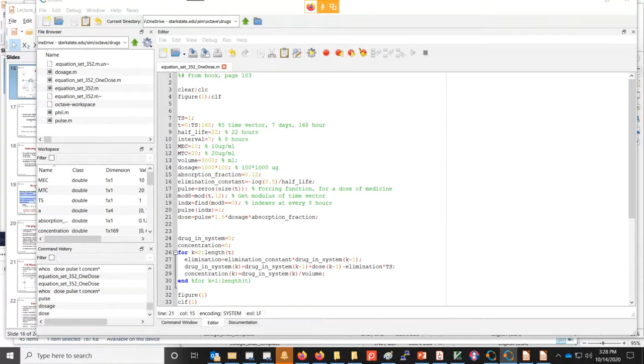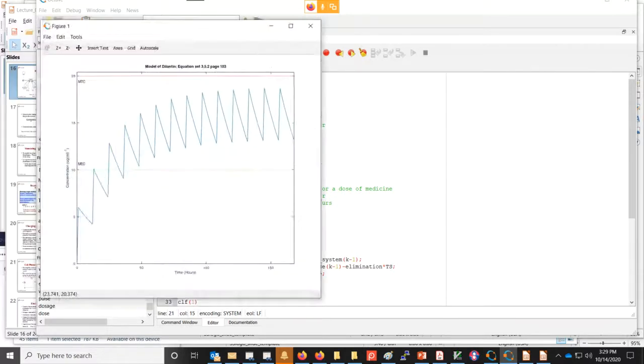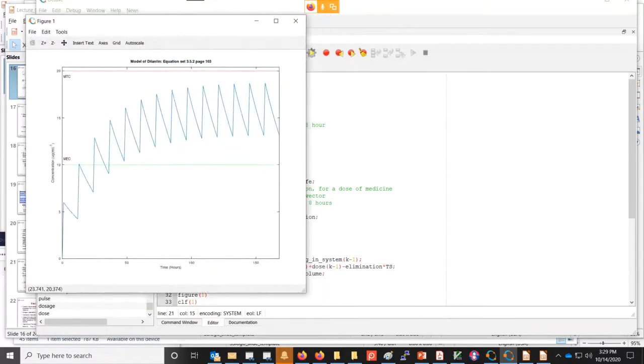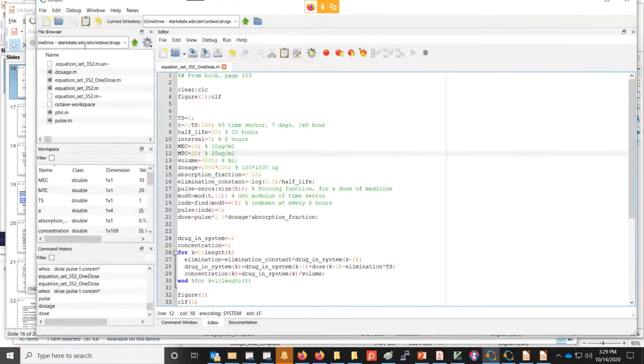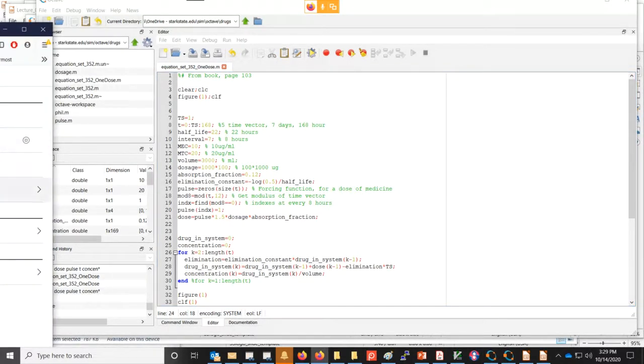So I'm staying above the minimum effective concentration, but I haven't reached that maximum therapeutic, getting to the point where it becomes toxic to my body. All right. And so again, the idea with these simulations is that once we get the simulation working, we can come in here and play with these numbers and try different dosages and see where we're at and things like that.